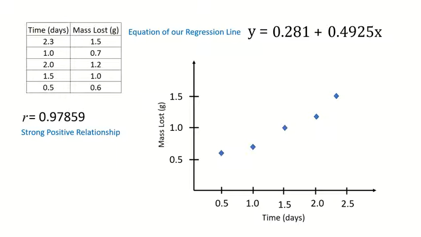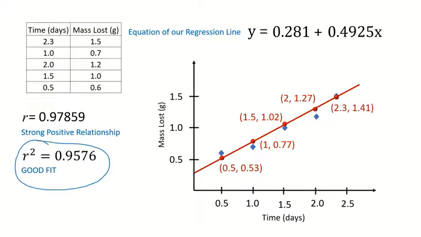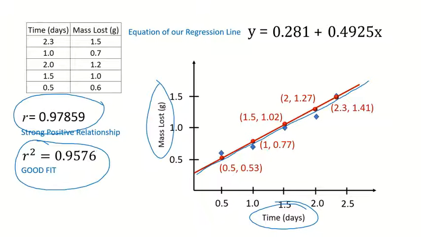And based on our linear regression methods, we are able to compute our R squared, which is 0.9576, and this means that our linear regression is a good fit to explain the data set that we have. So we are able to explain well the relationship between these two variables, mass lost and time, plus we know that their relationship is strongly positive.